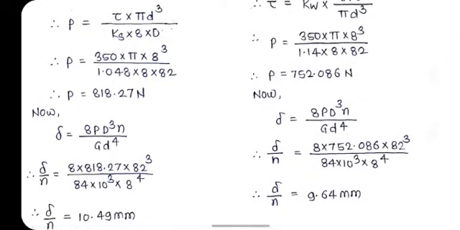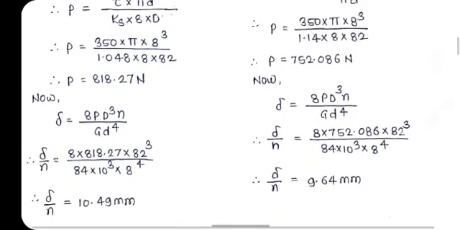Now use the equation of deflection, delta is equal to 8PD cube N upon G d raised to 4. For this problem you have to calculate the deflection per active turn, that is delta by N. Then you will get the value of delta by N as 10.49 mm.